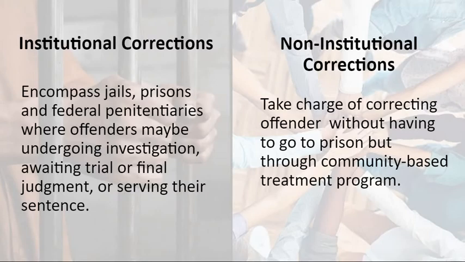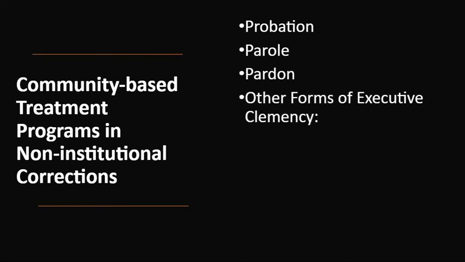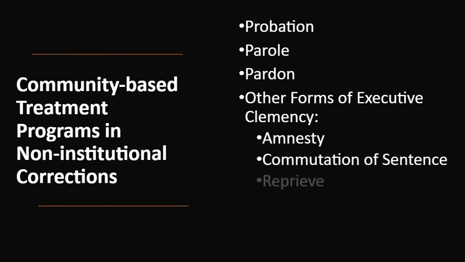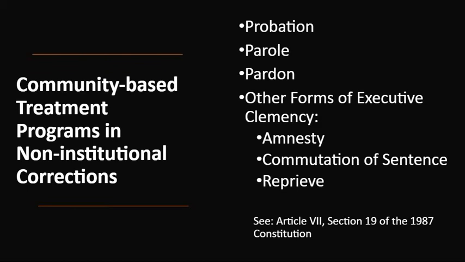Let's continue. The community-based treatment program is what we call non-institutional corrections. These are what you hear as probation, parole, which is not the parole you know, and pardon, and other forms of executive clemency: amnesty, commutation of sentence, and reprieve. All of these are programs under the community-based treatment program, or non-institutional correction.